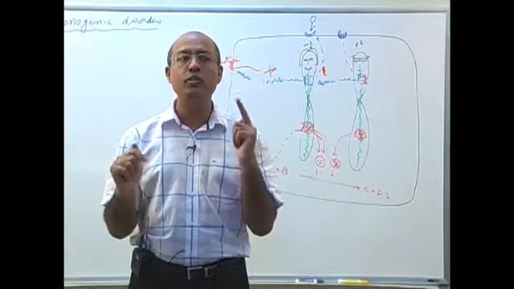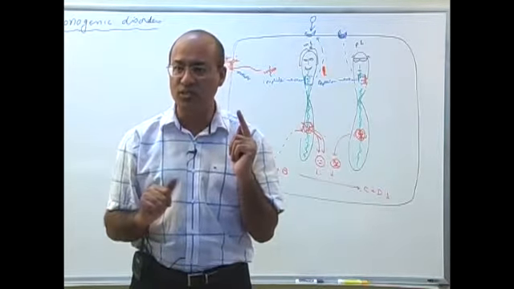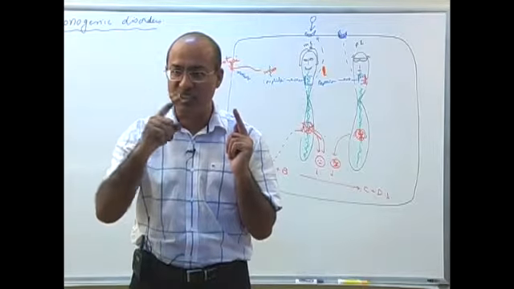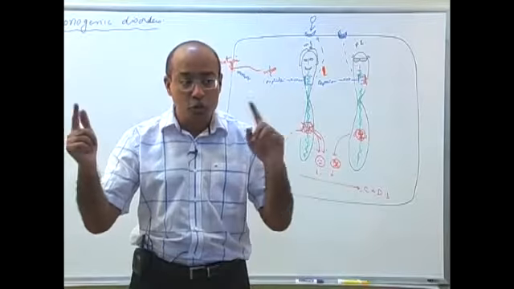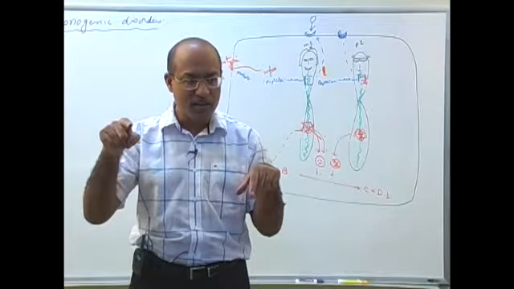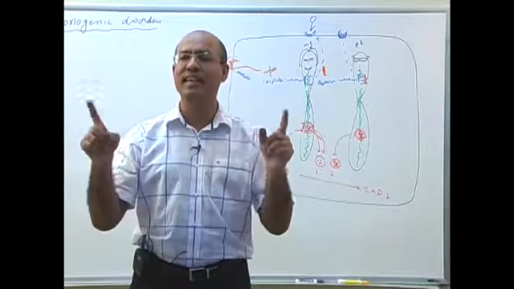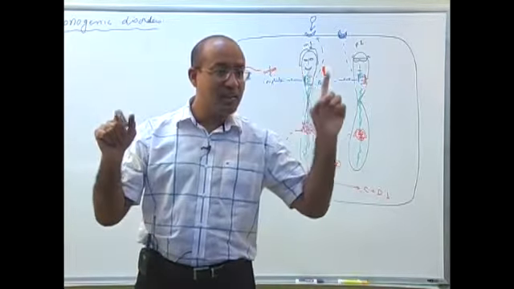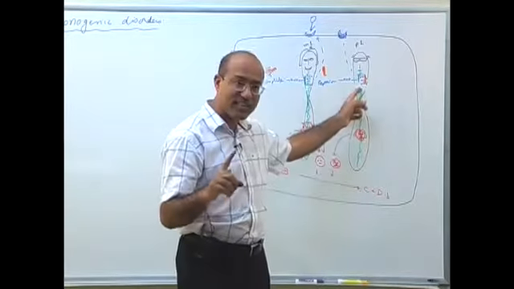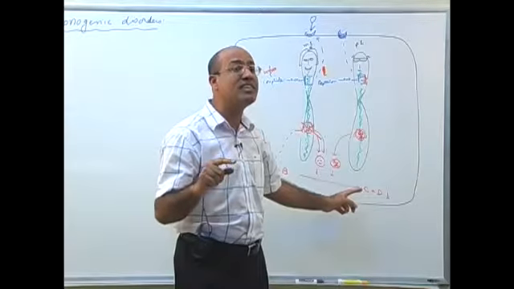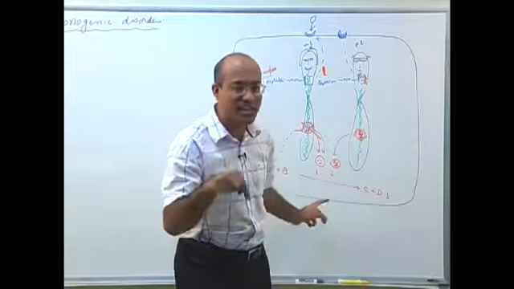Number one, dominant diseases are usually related with the mutation in structural genes and proteins. Is that right? Mutations resulting in mutant structural proteins. Recessive diseases are due to usually mutation in enzyme system. Is that right? Then, dominant diseases can manifest even if person is heterozygous. Recessive disease only manifests when person is homozygous for the mutant alleles.